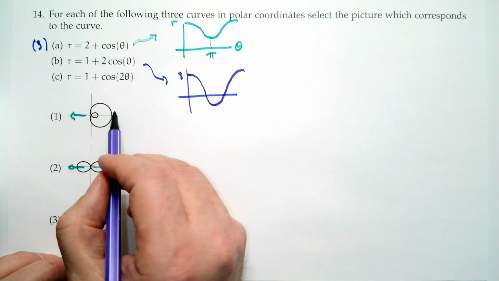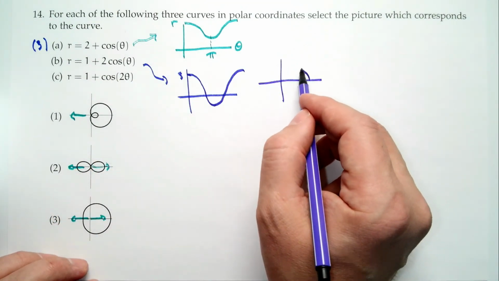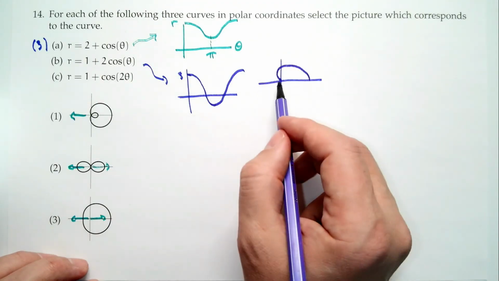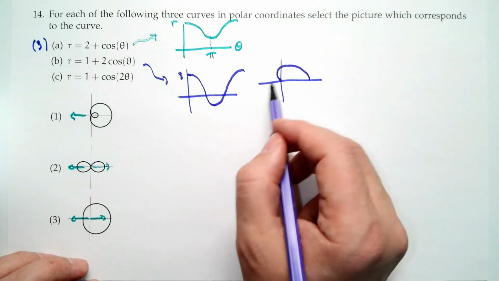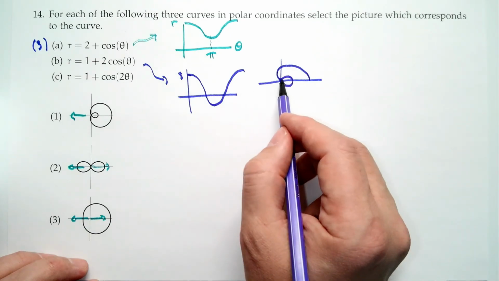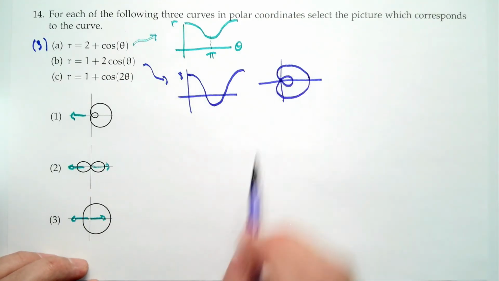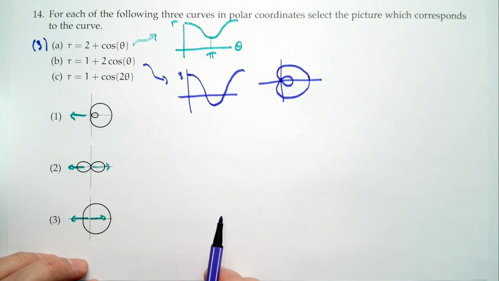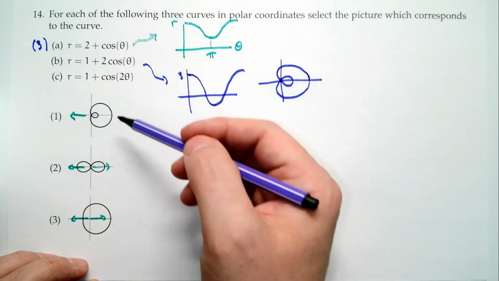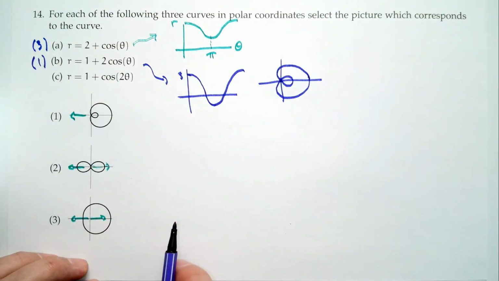We should be looking for something that's far away. We can even start to sort of sketch it. It should be far away. And then it should come into 0 right here. And then when you see a negative, it should do a little loop back to 0. And then it should just be getting bigger. So this shape tells us kind of what we should be looking for. I wonder if there's anything that matches that. Well, 1 looks pretty close, so I'll go with 1.